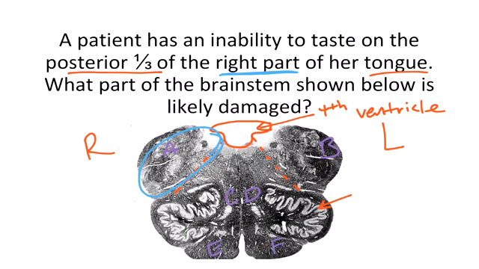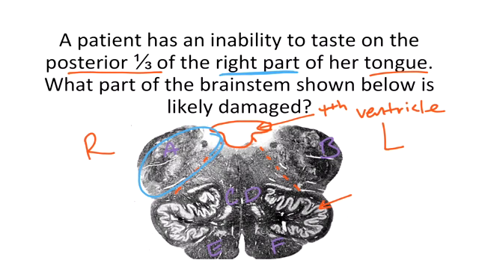As you can see from this question, you don't necessarily need to memorize each nucleus in the brainstem. Simply recognizing what part of the brainstem you're looking at and knowing that the cranial nerve nuclei are near the fourth ventricle is likely sufficient. If you want to take it one step further, remember that sensory nuclei are located laterally, but that really is the extent of what you need to know for step 1.